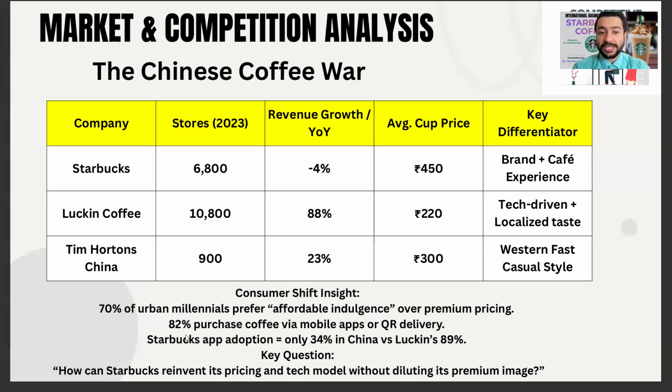Along with that, you can see 82% of the coffee was purchased via mobile apps only. It's very important to note, my dear friends, that 70% of urban millennials preferred this affordable indulgence, because of which 82% was ordered only through Luckin Coffee's apps, where app usage was 89 percent.